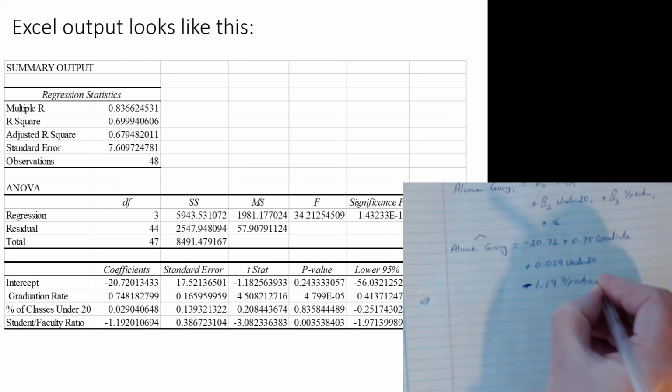We were expecting that negative. So there's our particular line, and we can interpret that line.